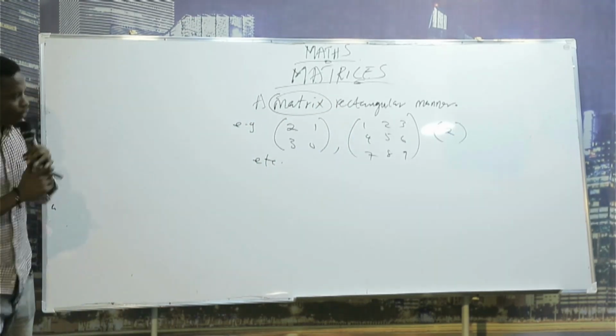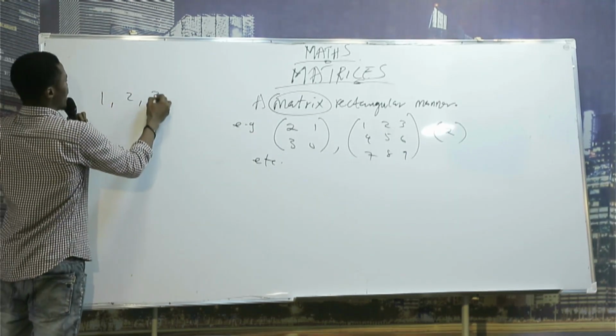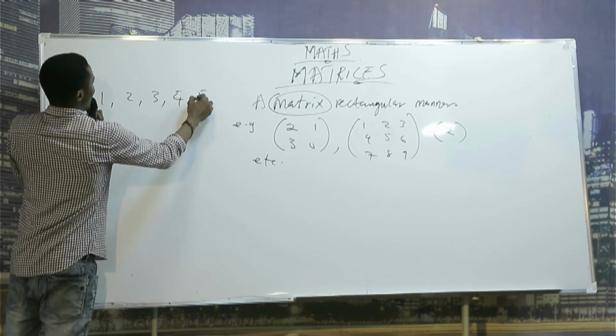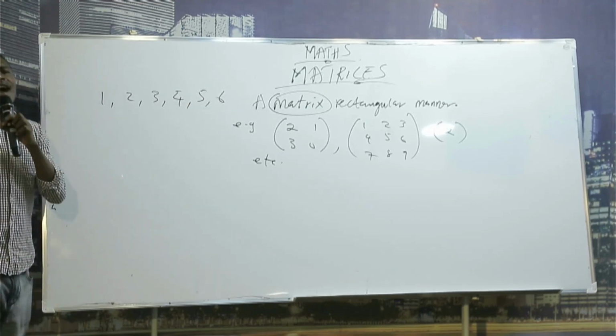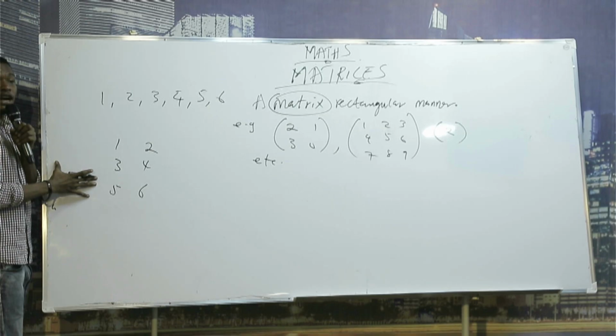Rectangular what, class? So if I have, let's say, 1, 2, 3, 4, 5, and 6, something like this, and I don't want to arrange them like this, I say, okay, let me arrange them in a rectangular way. So I can have something like this, 1, 2, 3, 4, 5, 6. Arranging them in this rectangular way, this is what we call a matrix.